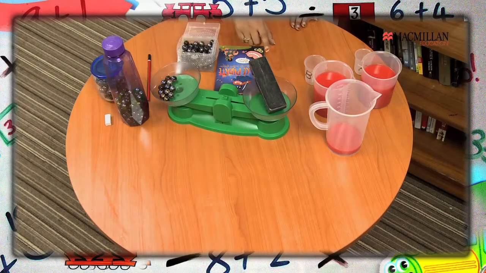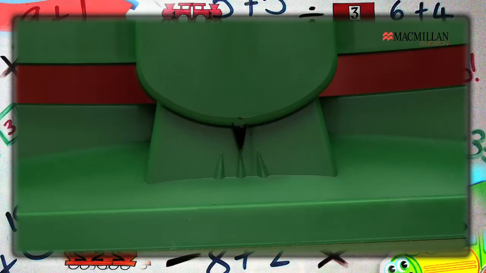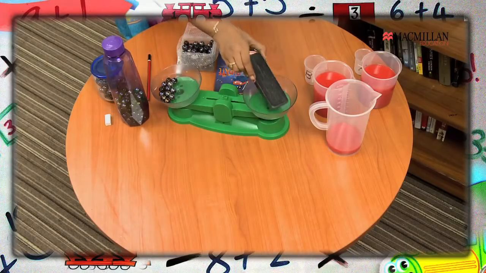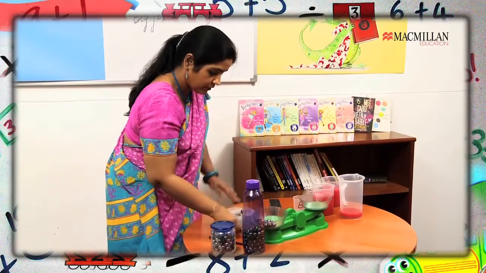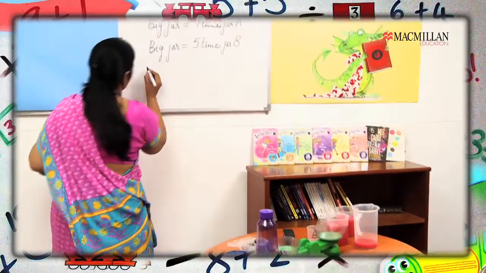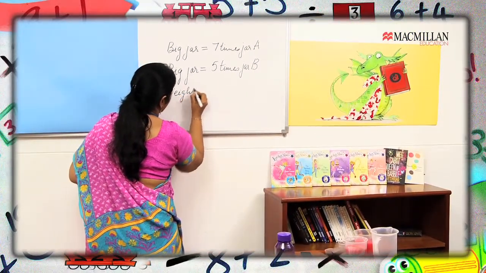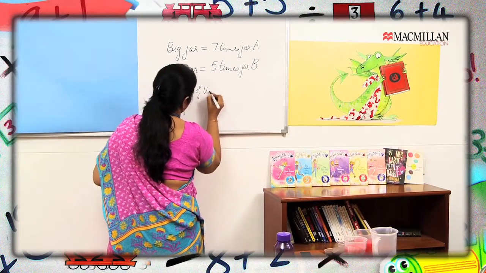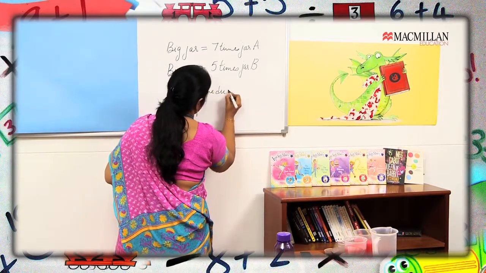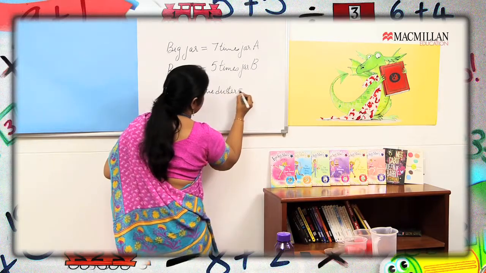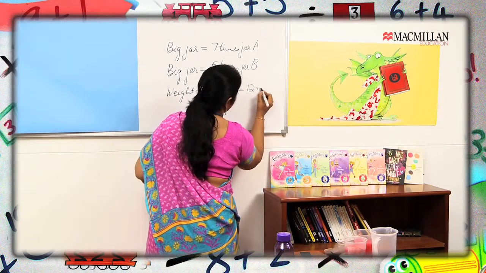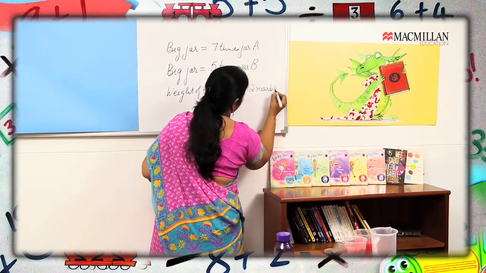So this duster is equal in weight to 12 marbles. So the weight of the duster is equal to 12 marbles.